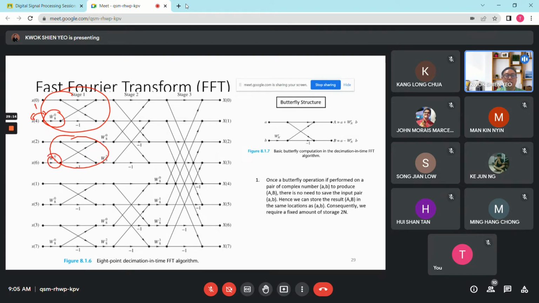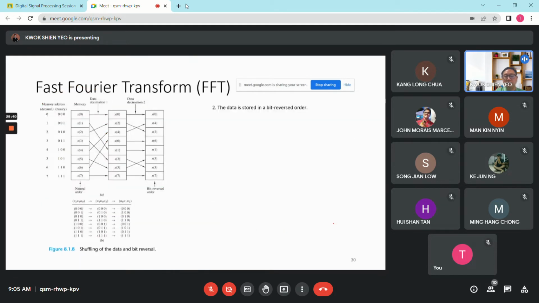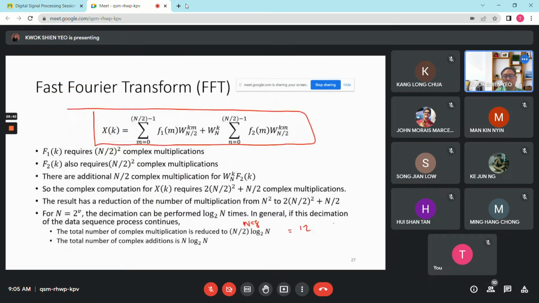Whenever you see this, you know that you have to do complex multiplications. 3, 4, 5, 6, 7, 8, 9, 10, 11, 12. So you have 12 complex multiplications, and the rest is complex addition. Therefore it is 12 now. The total number of complex additions is 8 log2 8, which is 24.